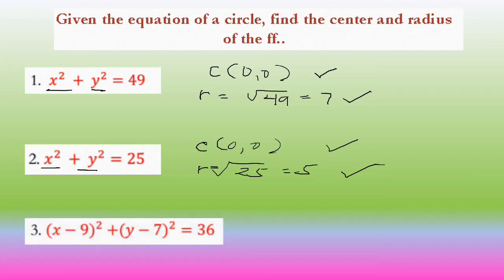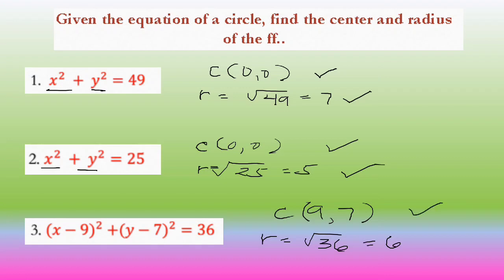For our third example, for the center, we get the opposite sign of the given equation. From negative 9, that's 9. From negative 7, that is 7. Now, getting the radius, that is equal to square root of 36, that is equal to 6.